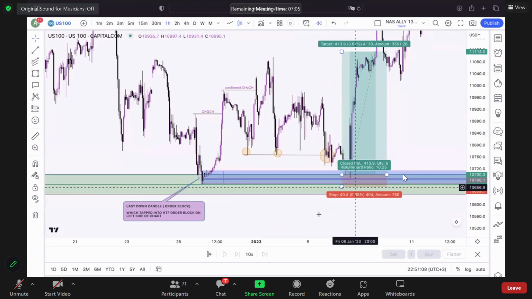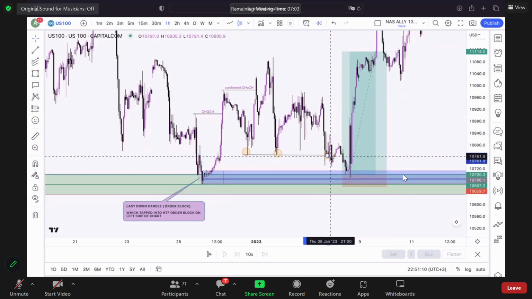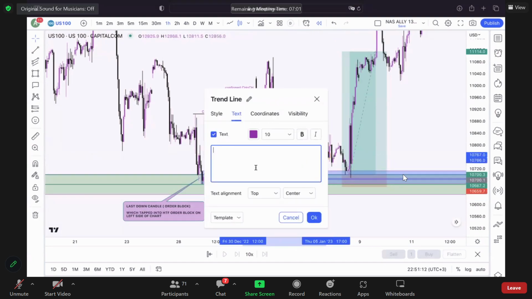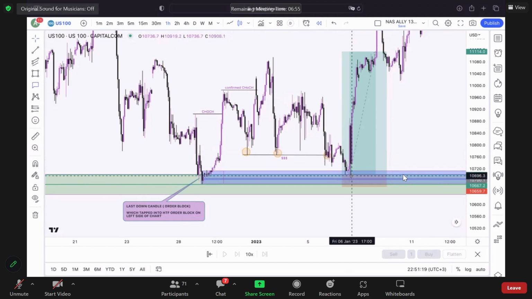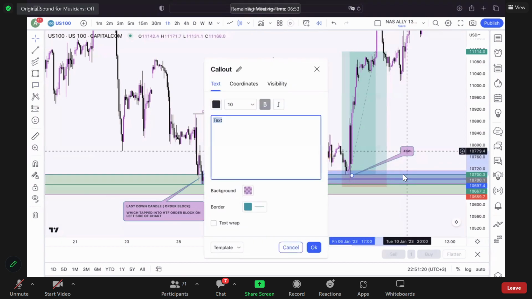And then, like we said, this was liquidity. And this is what we call mitigation.